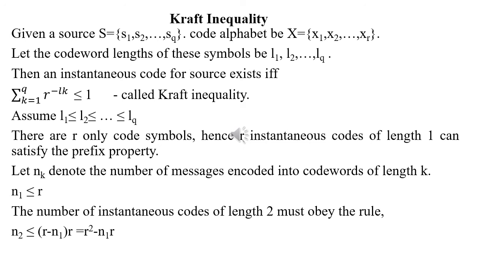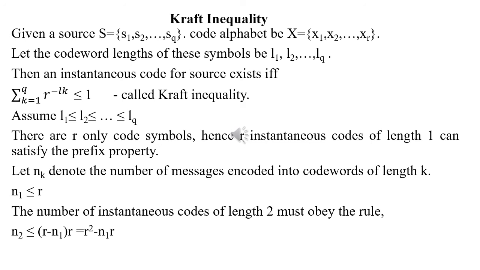There are only R code symbols, hence R instantaneous codes of length 1 can satisfy the prefix property. Let nk denote the number of messages encoded into code words of length k. Then n1 will be less than or equal to R. n1 is the number of code words with length equal to 1.